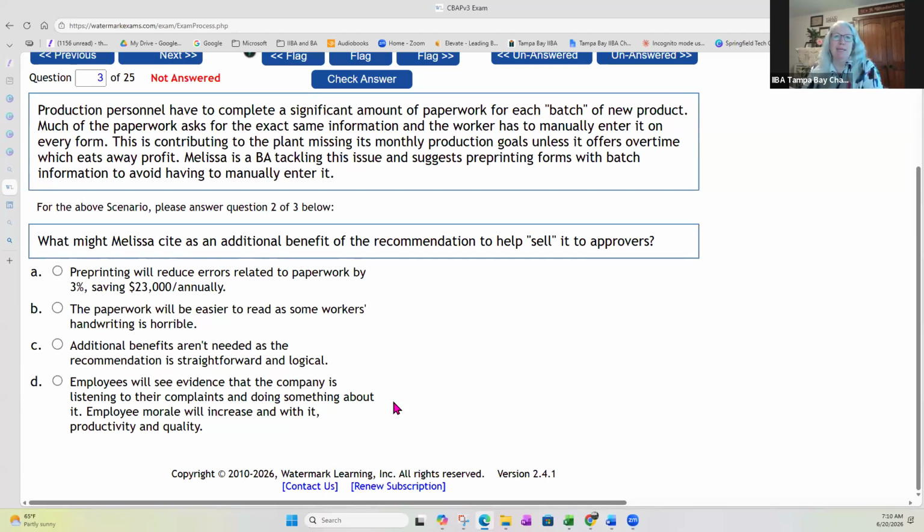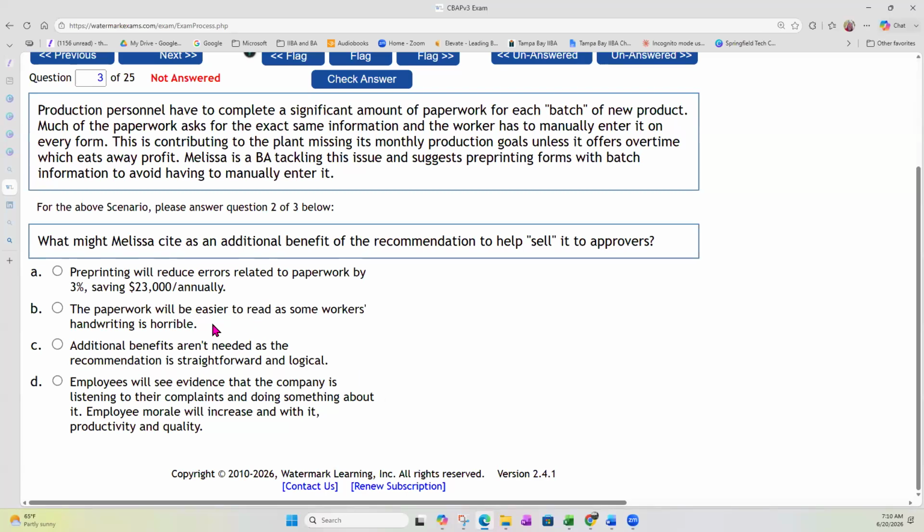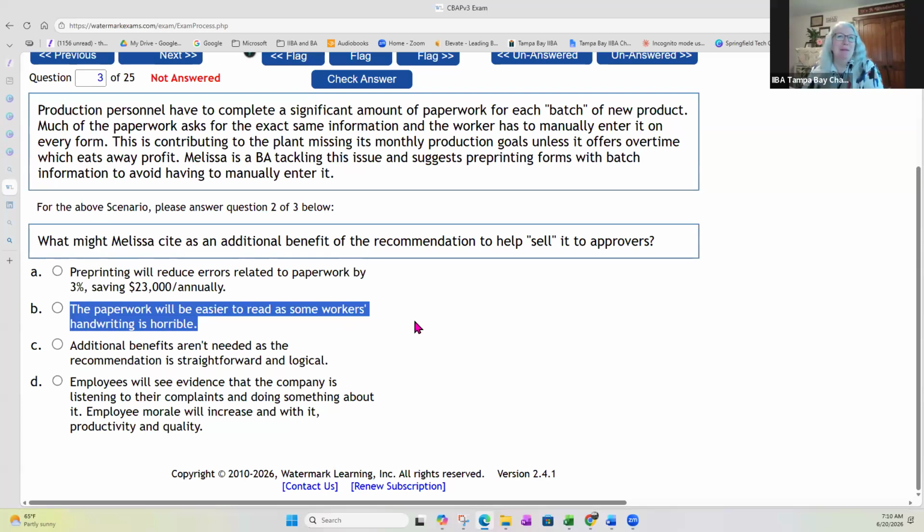Which one could we eliminate? The horrible handwriting. That might be true, but that's not the way to say it, right? So what is the best answer?